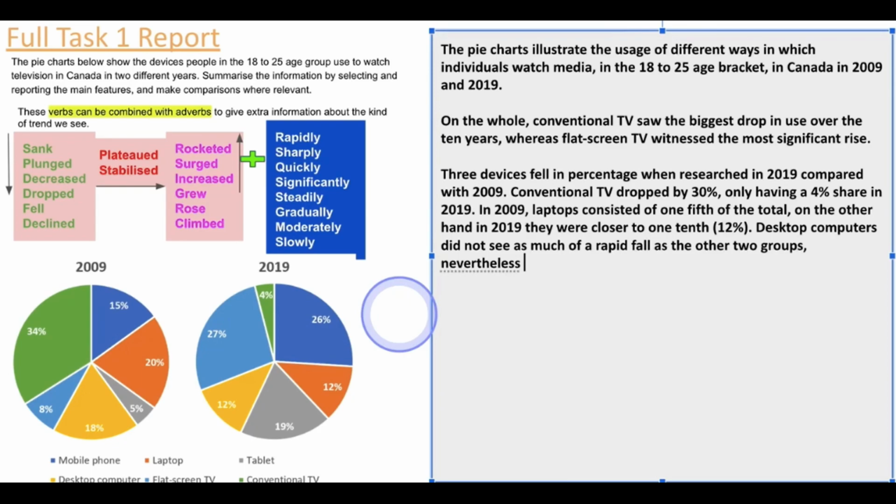Nevertheless, there was still a 6% drop.